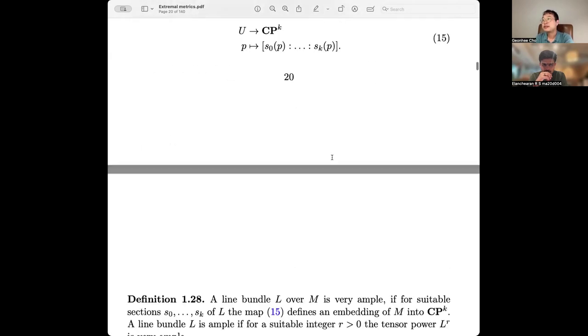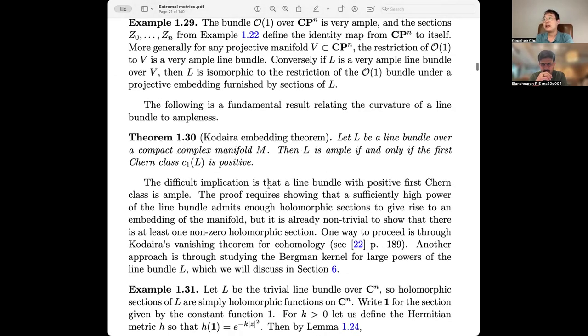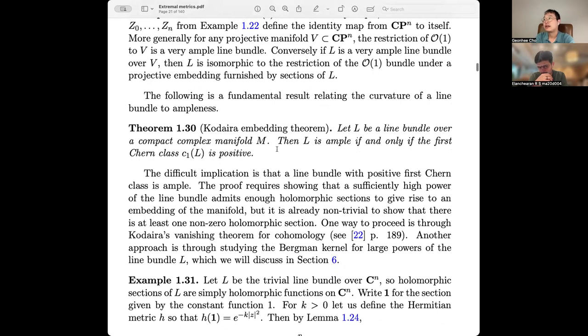So the statement we'd like to say would be the following. This is a Fields medalist's result called the Kodaira embedding theorem. Let's look at this now. Two things. Number one, the first Chern class being positive condition does not require the Hermitian metric at all.